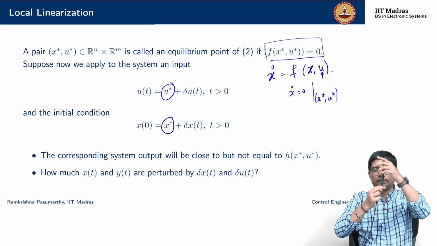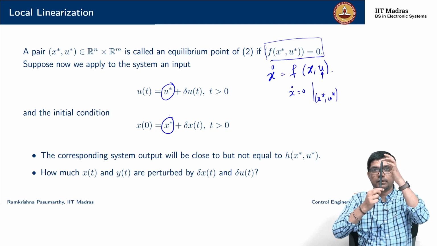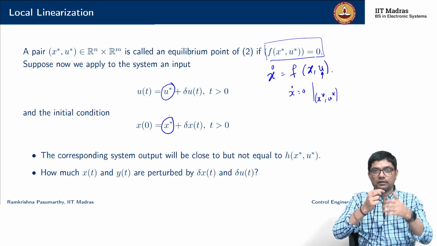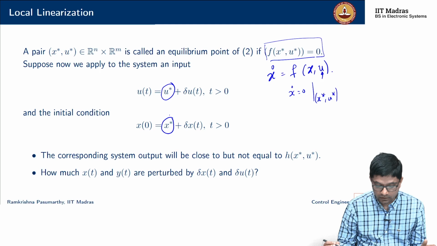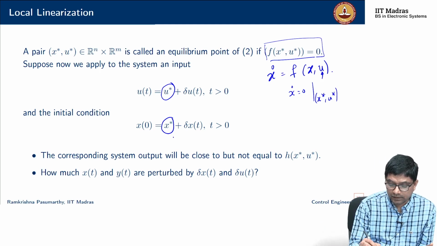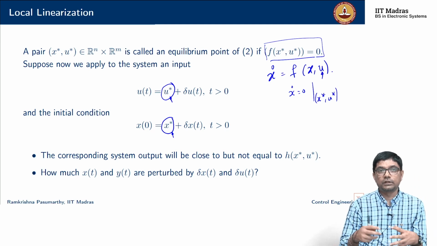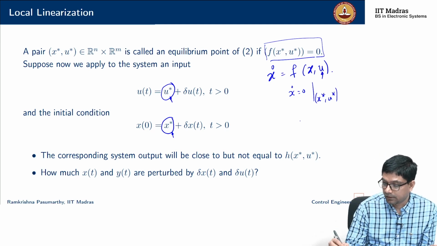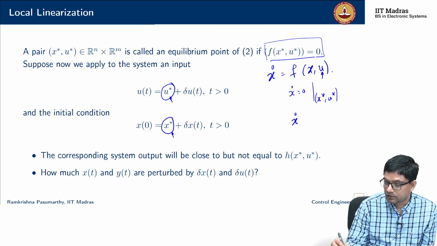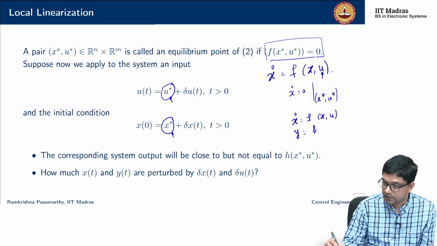If there is no perturbation, it will always stay here. Perturbation will change or make the story interesting. Okay, so with this I perturb the initial conditions, and I also perturb the input a little bit, and then therefore the corresponding output. So I look at equations of the form x dot is f(x, u), y equal to h(x, u).